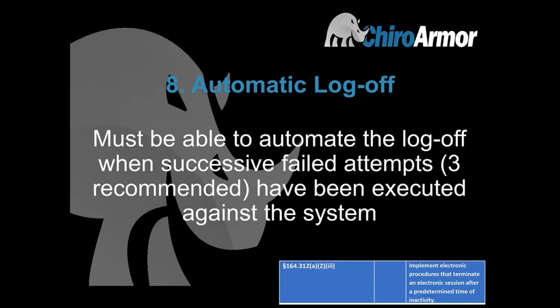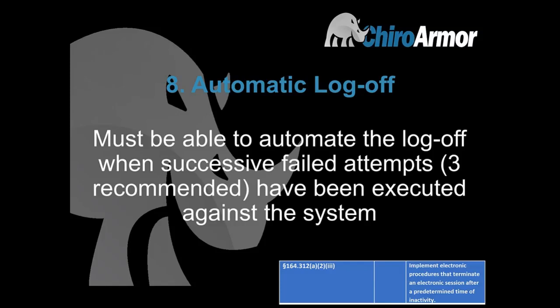The key is that you should be able to automatically log off after failed attempts, and we recommend 3, but secondly, that when this logs off, it needs to completely log the EHR out. Not just the window that you're in, it needs to completely log the whole EHR out, because it certainly defeats the purpose if the only thing that logs out is the window that you're in, and somebody walks by or is able to get into the system.